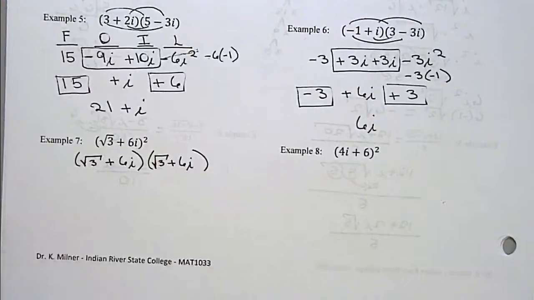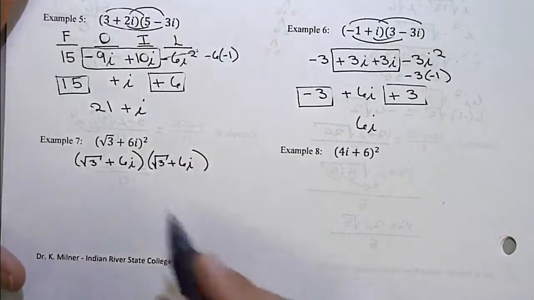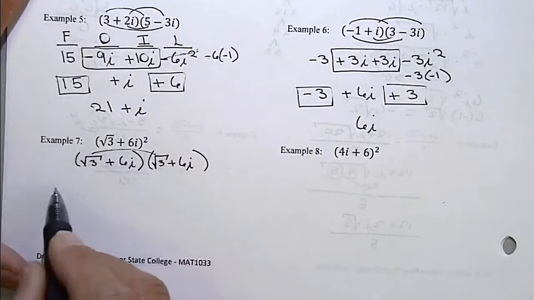Remember, the square root of 3 times the square root of 3 is what? 3. Okay, good. Square root of 3 times the square root of 3, that's just 3.